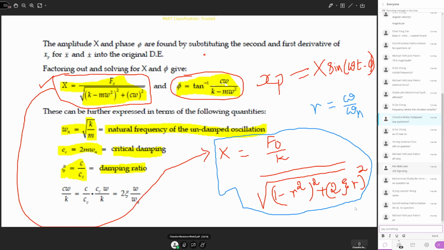Okay, so you can also write the phase phi.